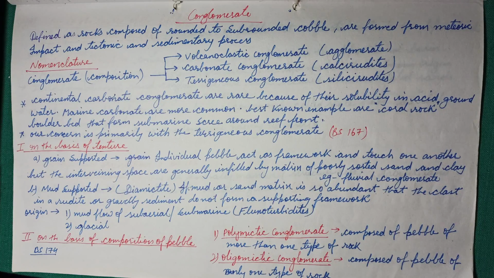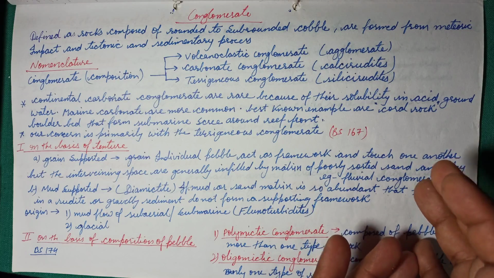Today we'll be dealing with conglomerate also. In previous classes we have read about greywacke. If any fine-grained rock has no category, meaning it is not fitting in any of the rock sections, it is simply transferred to greywacke.